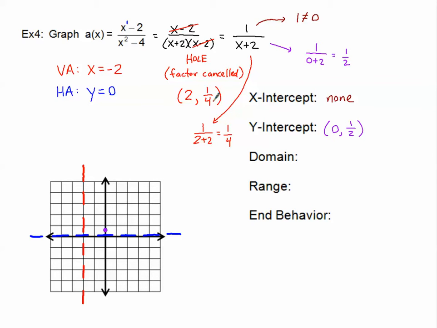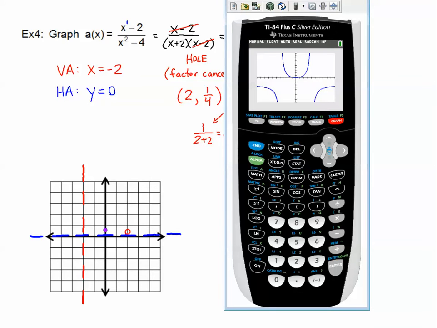So what I'm going to do now is go to where 2, 1/4 would be and put a hole. Literally just somebody removed that point from our graph. That's why it's called a removable discontinuity. Now I'll plug into the calculator and check that everything is correct.